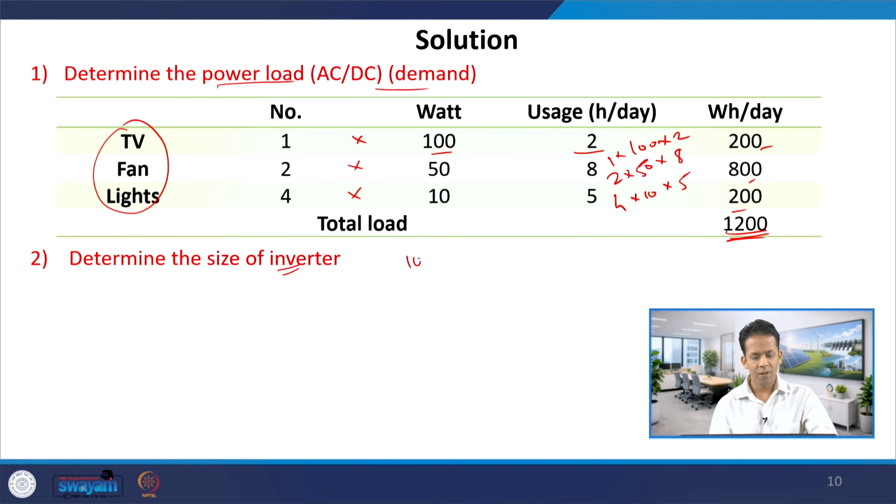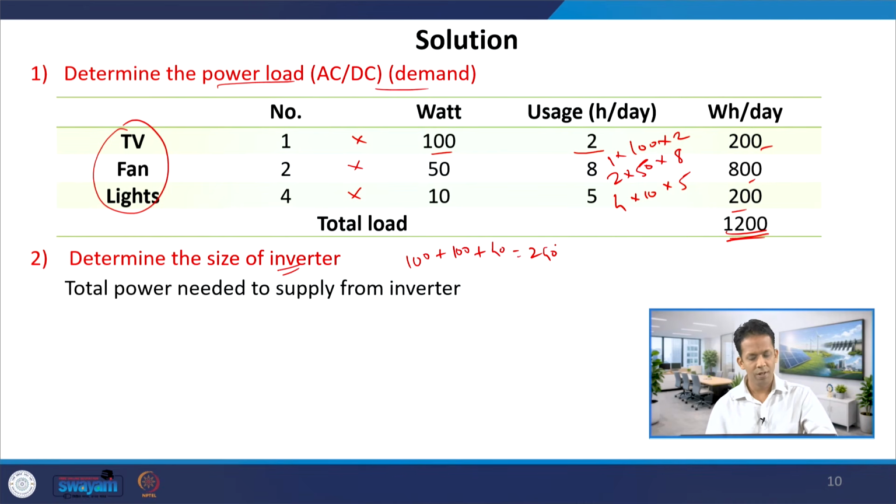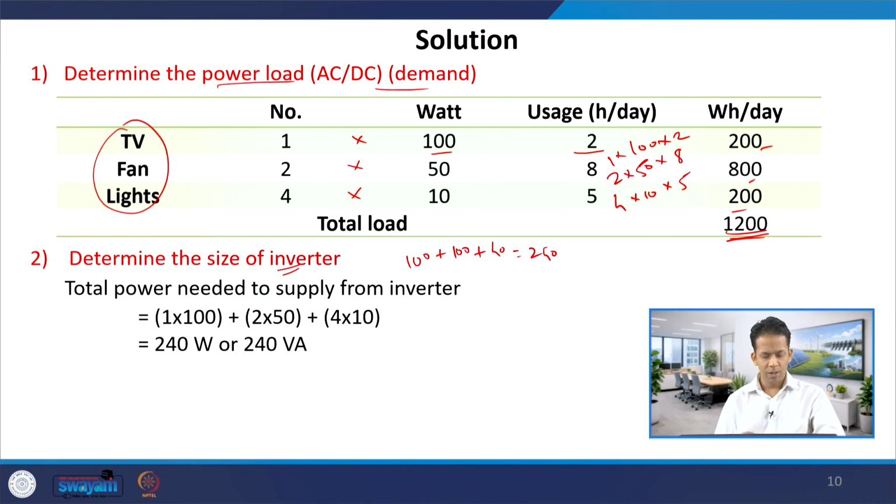So it will be 100 plus 100 plus 40. So almost 240. So the total power that is needed to be supplied from the inverter would be 240 watt or 240 volt ampere. Okay, that's the second step, where we have determined the wattage of the inverter, that is 240 watt inverter. It may be available in the market.